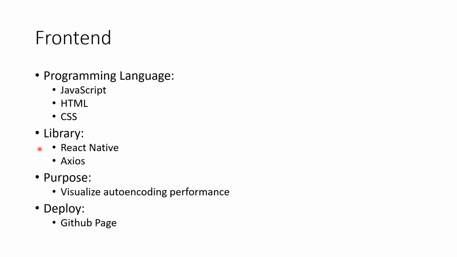The user will then manipulate the latent vectors via the slide bars and have Axios send an HTTP request back to the backend to generate a new photo. In the future, we'll have the users upload their own photos. The front end is currently deployed using GitHub Pages.